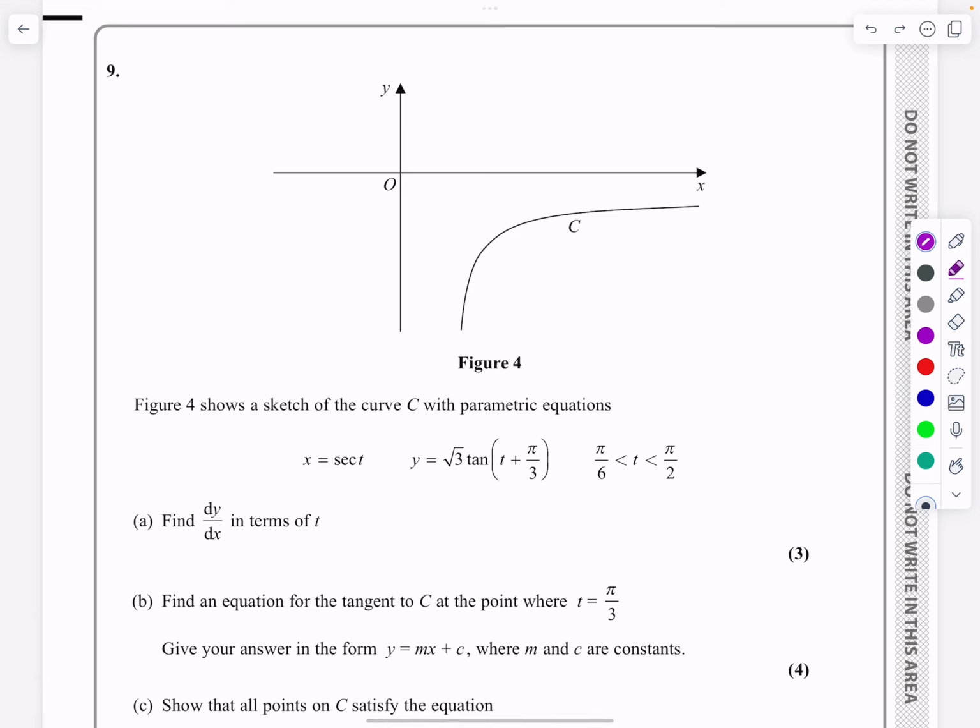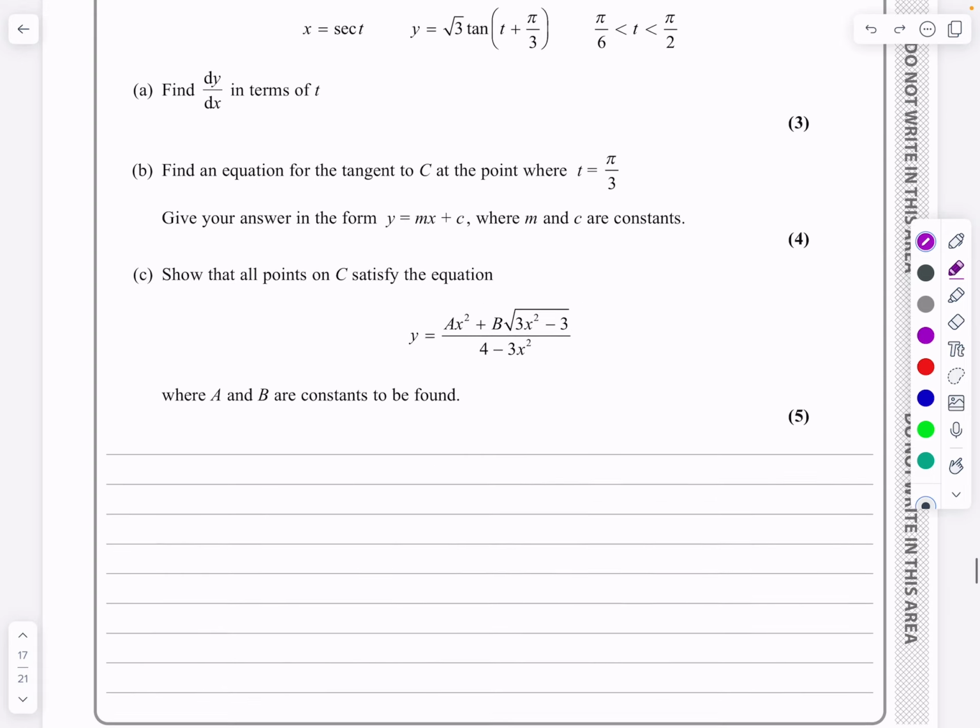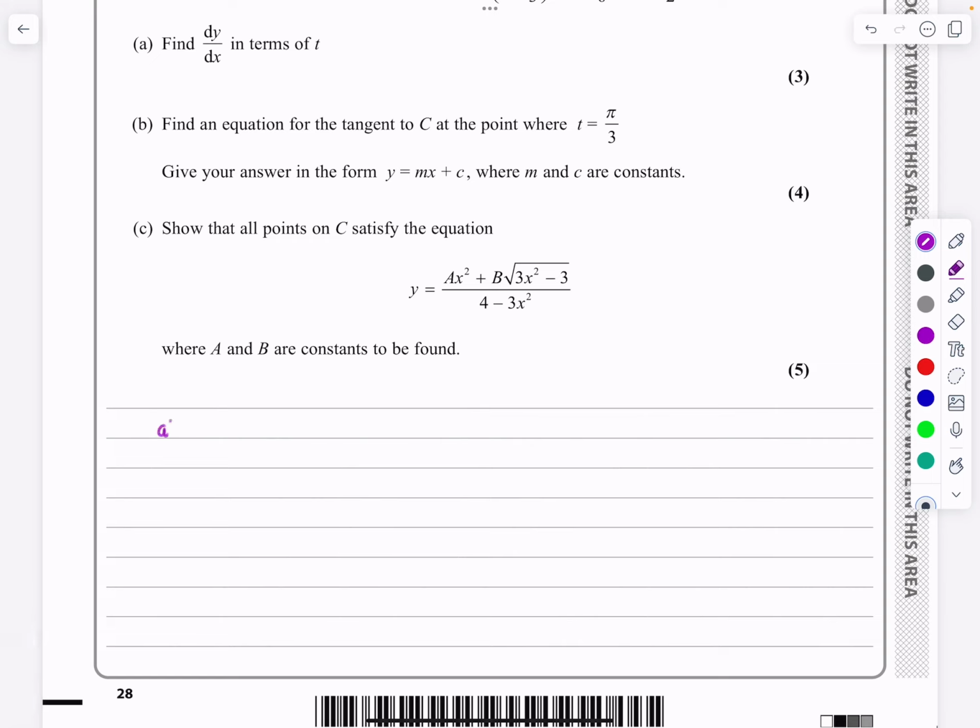Part A, finding dy by dx. So if I'm asked to find dy by dx, what I'm going to start with is, x is equal to sec t, so let's get dx by dt. Differential of sec is sec tan, so sec t tan t.